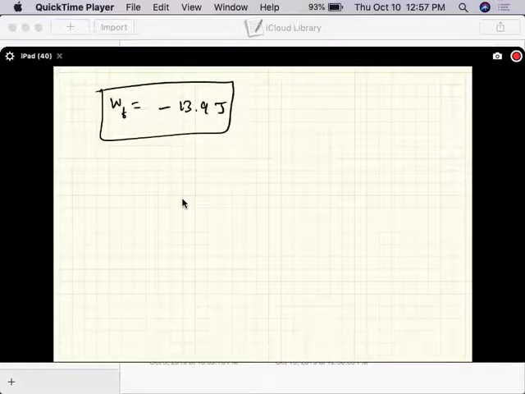And we know that friction, drag, always does negative work. So we got a negative work done by the friction force.